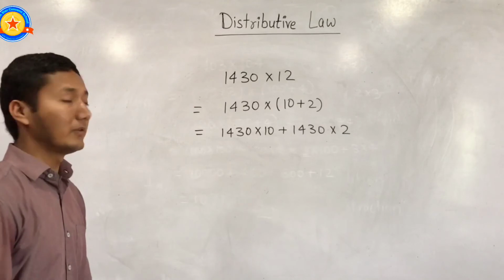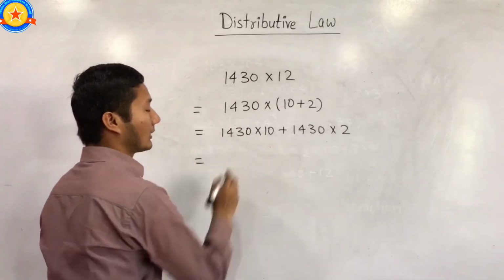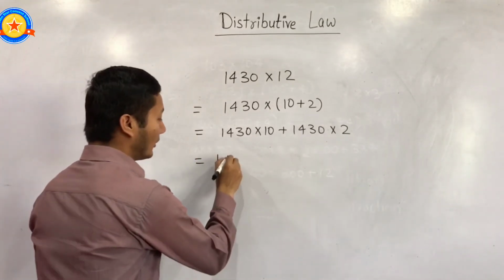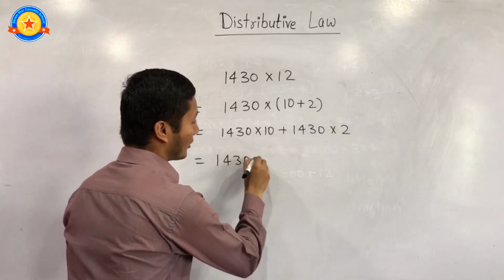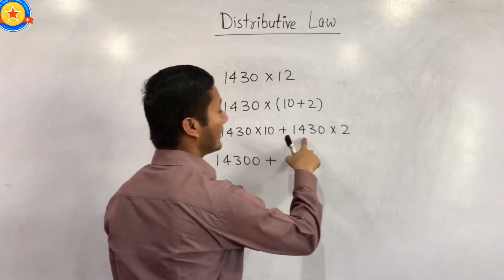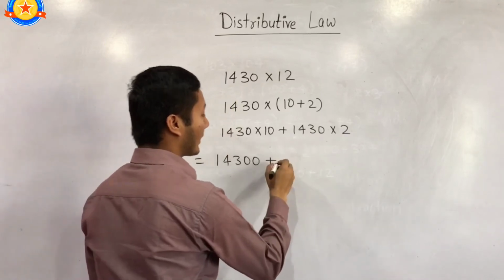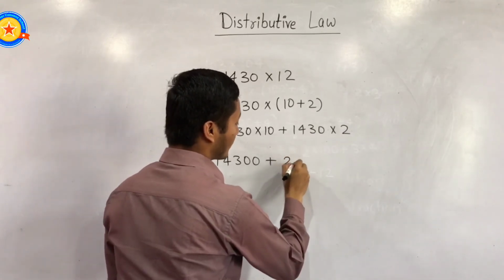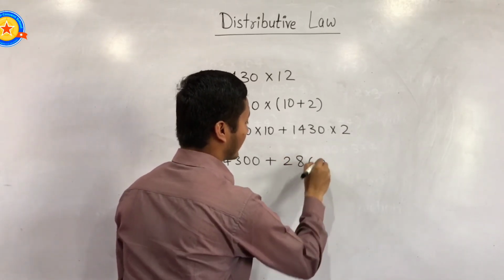If we multiply 1430 into 10, it becomes 14300, plus if we multiply 1430 by 2, it becomes 2860.